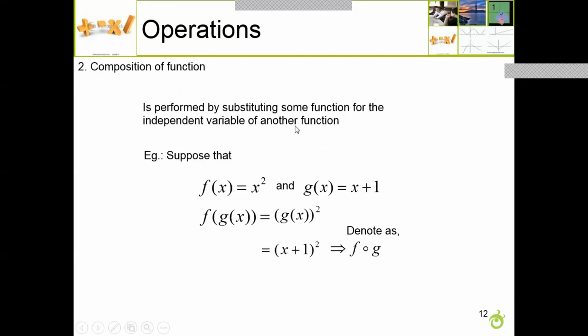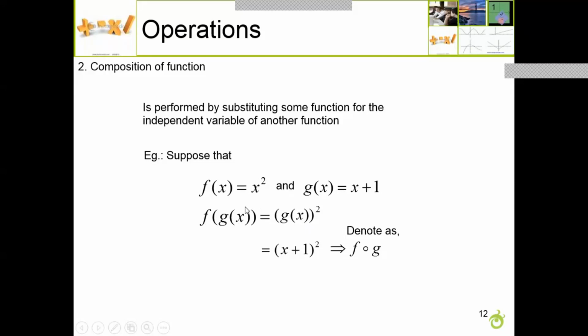Okay, and then composite function. Composite function is performed by substituting one function for the independent variable of another function. Okay, for example, function f we have x squared, and for function g we have x plus 1. So if we are about to find f of g of x, so macam mana dia buat?